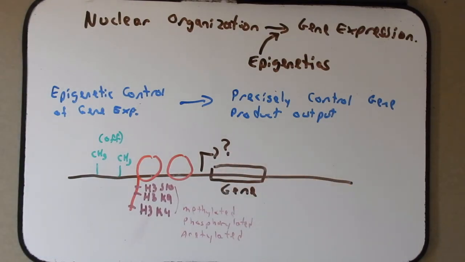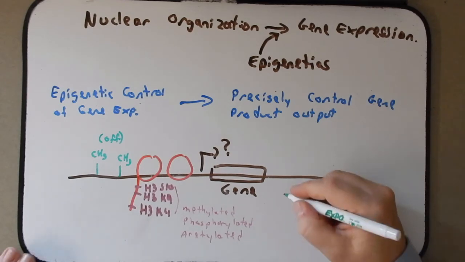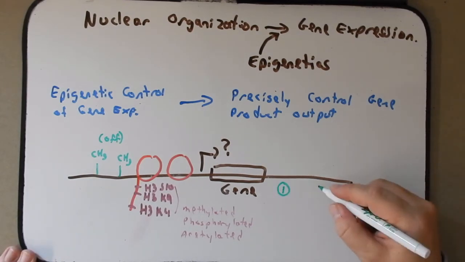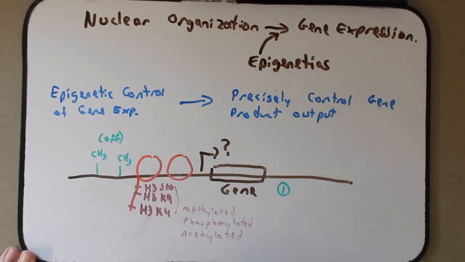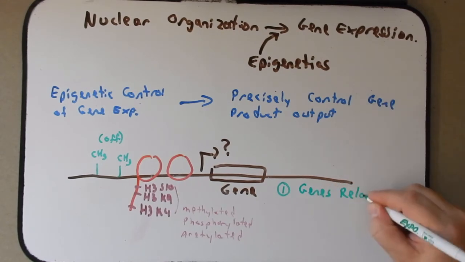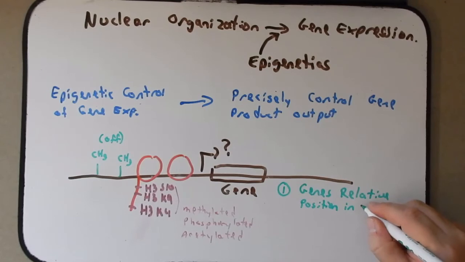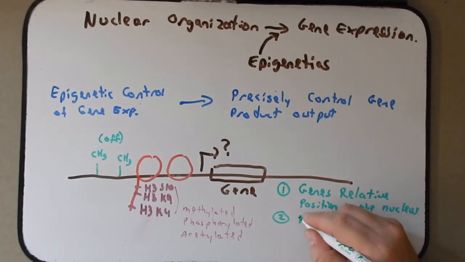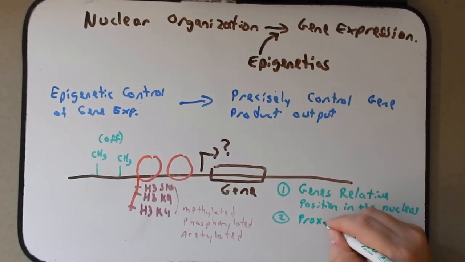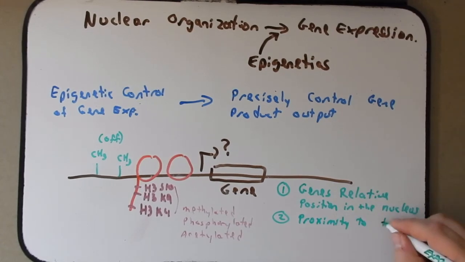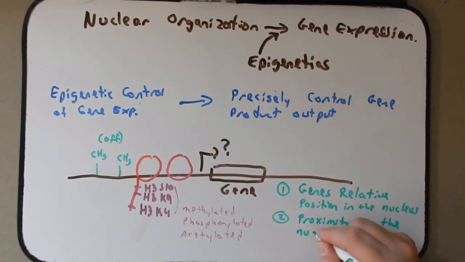However, that's not the whole story. There are some other factors that we want to talk about. So some other factors not linked directly to the modification of the genome here. We also want to consider genes' relative position in the nucleus. We also want to talk about the proximity to the nuclear membrane.